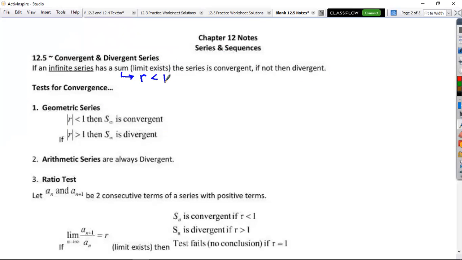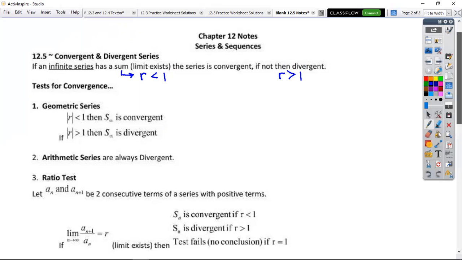Good. Which also means your limit exists, and the series is going to be convergent. Otherwise, if you can't do your sum, then it's going to be divergent. So this would be R is greater than 1. So then you can't do your sum.